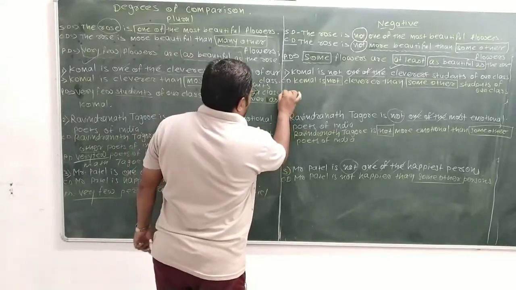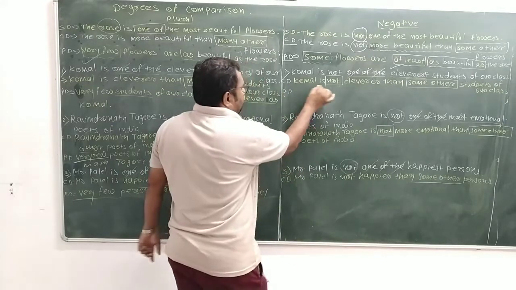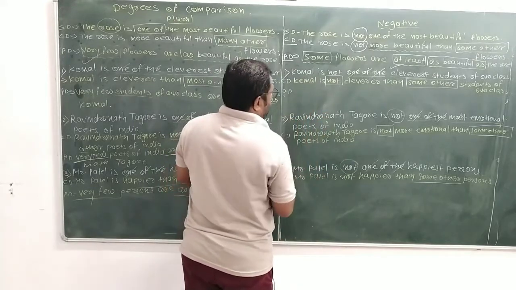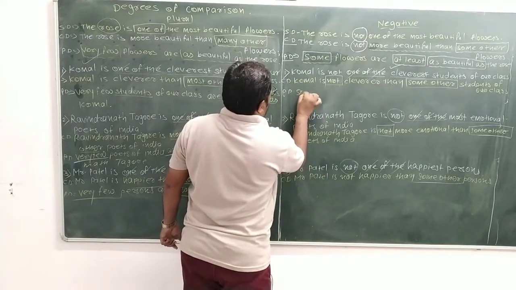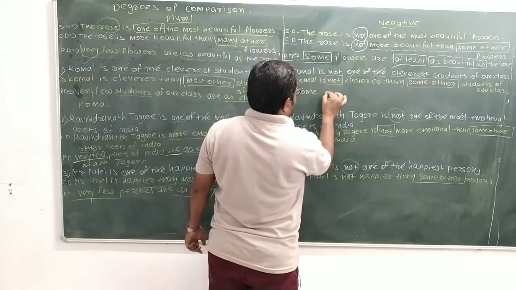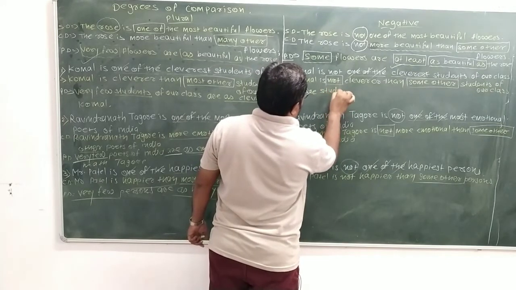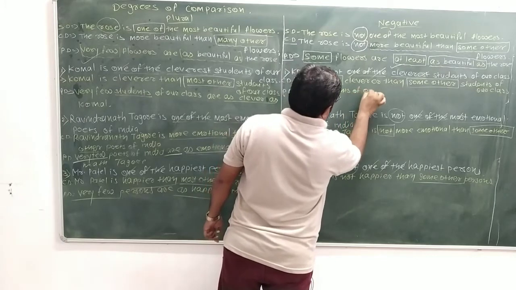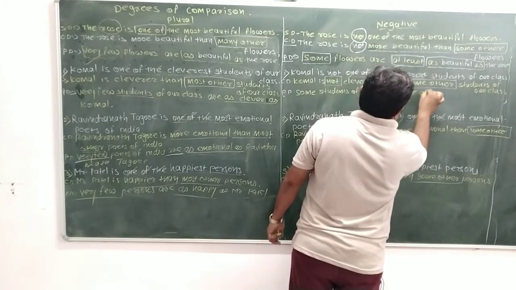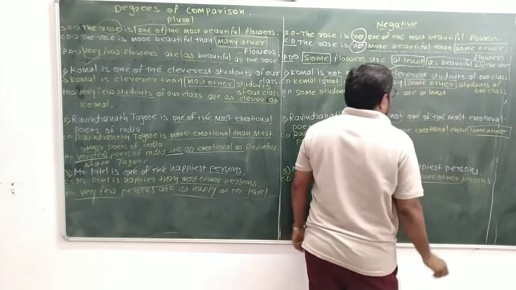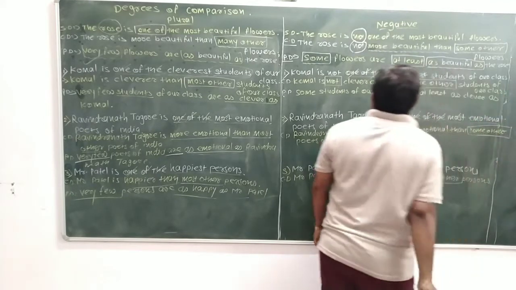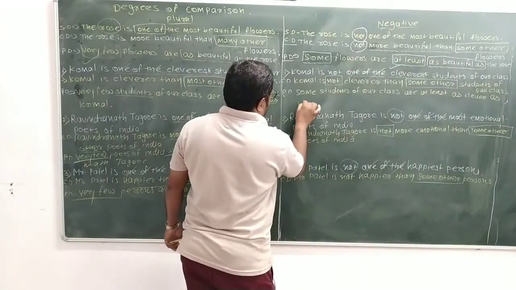Okay. So positive degree. Komal is not cleverer than some other students of our class. So some students of our class are at least as clever as Komal.